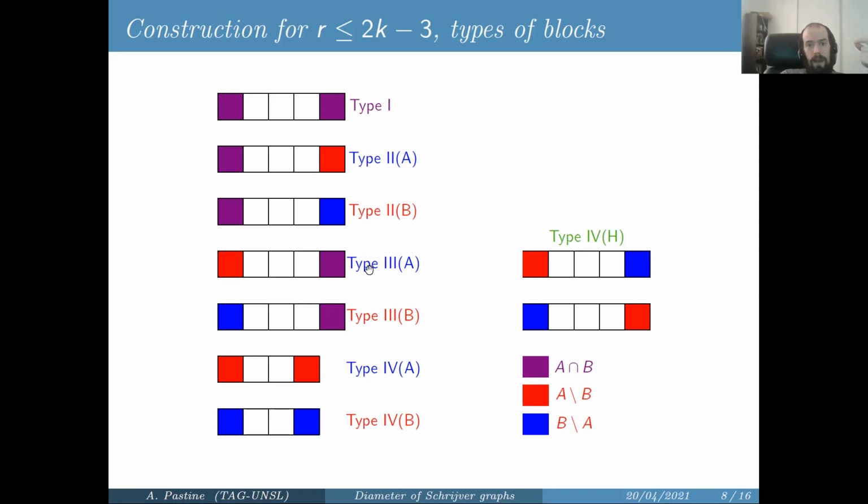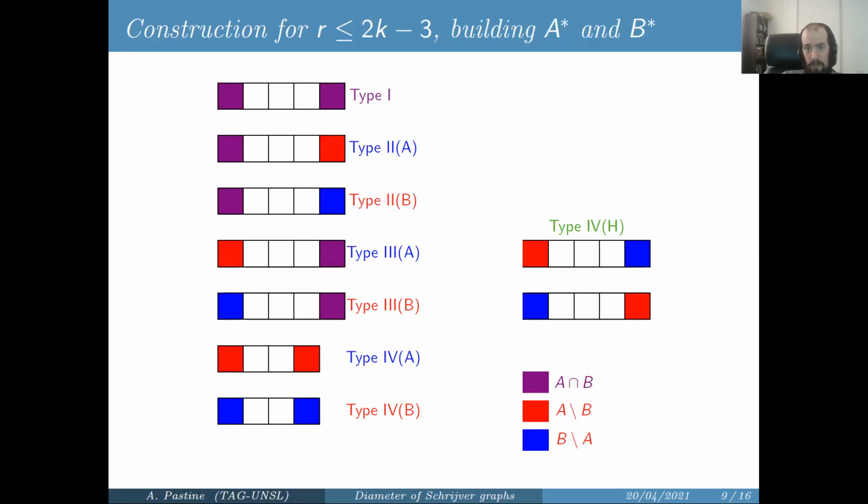So all of these types 2 and 3, we are not going to be focusing much on them in this talk because they are part of some technical lemmas that I'm not going to be discussing. But basically what we're going to do to find A star and B star is what we did before.